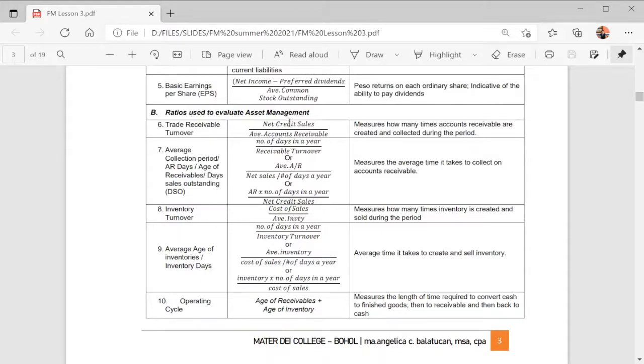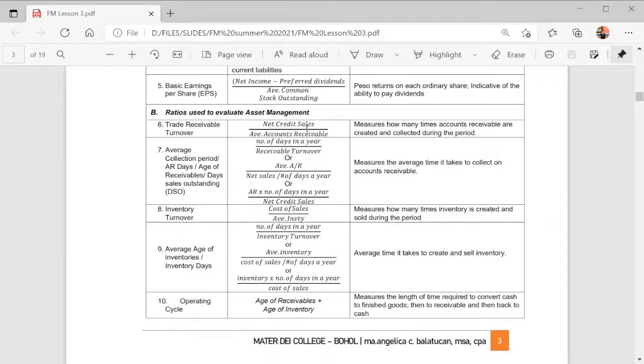Then for the numerator, in some books, if they do not provide you the information on how much would be the credit portion, because the sales is not really totally credit, it is a combination of cash sales and credit sales.